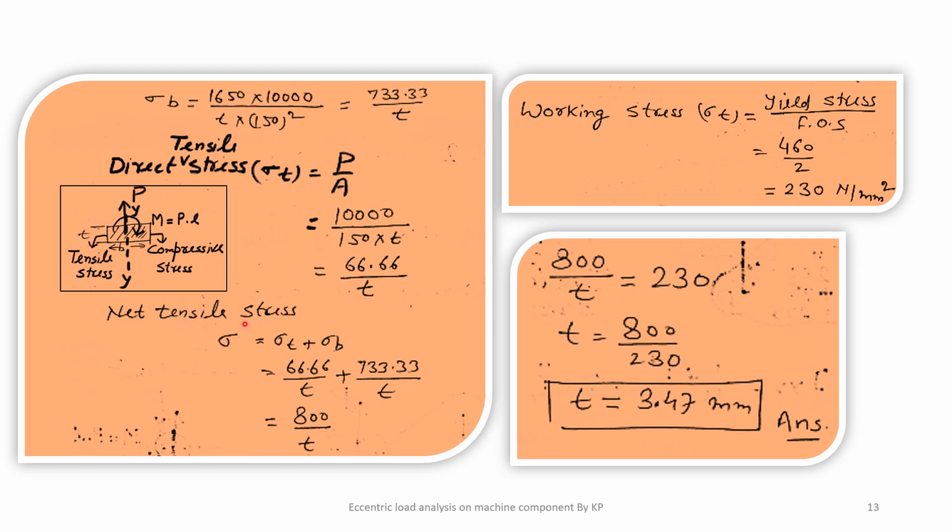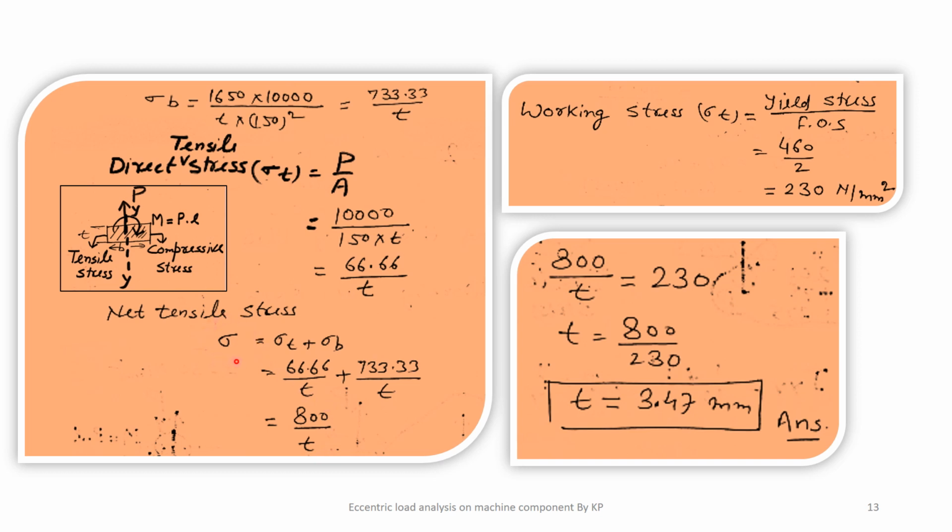The net value of this stress on the left side is sigma T plus sigma B, because sigma T stress is tensile and sigma B stress is also tensile. So sigma T is 66.66 divided by T megapascal, and the bending stress is 733.3 divided by T. You directly add these two values because they are of the same nature. So the total value is 800 divided by T basically.